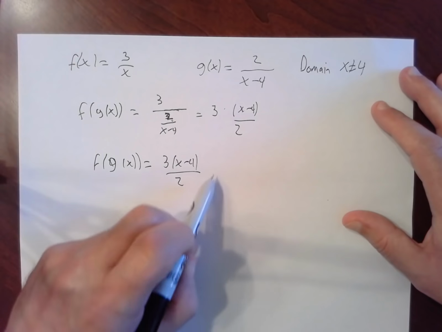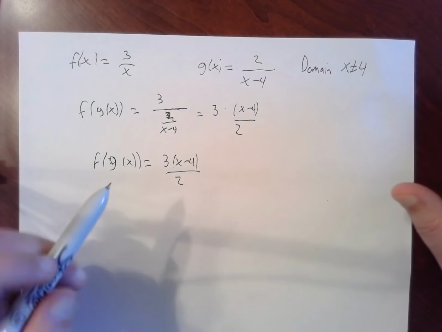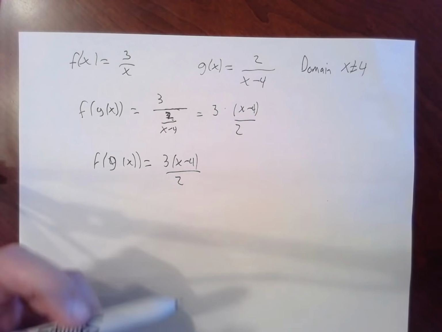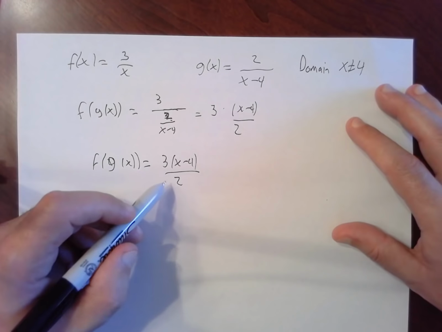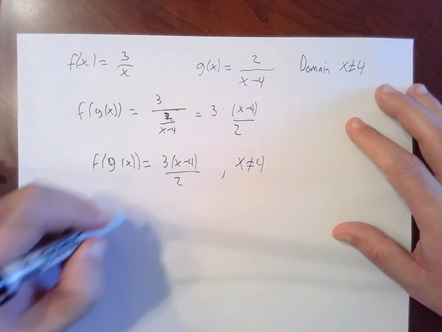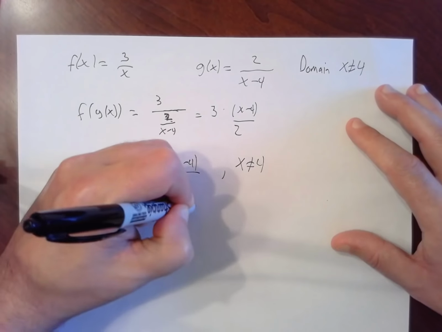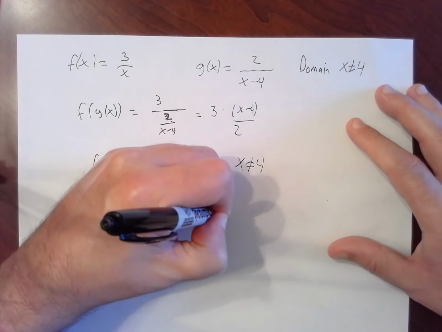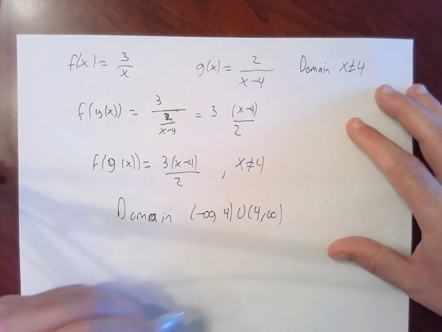You can't see that in the final formula. Everything looks fine. But just like we had in that picture diagram, if you're not allowed to use it in the beginning, you're not allowed to use it in the end. So the domain here is still x is not allowed to be 4. So our domain in interval notation would be negative infinity to 4 union 4 to infinity.